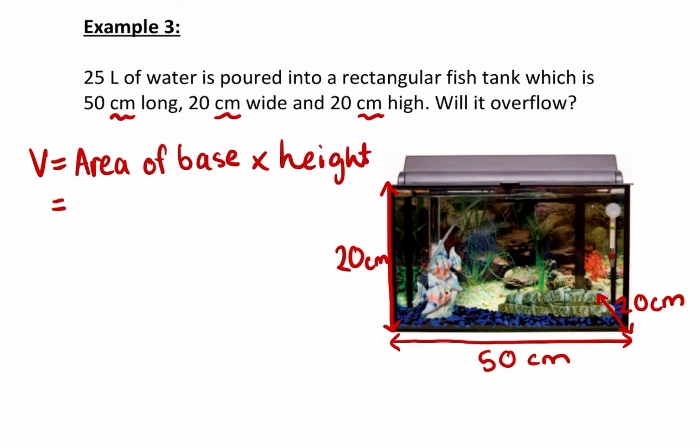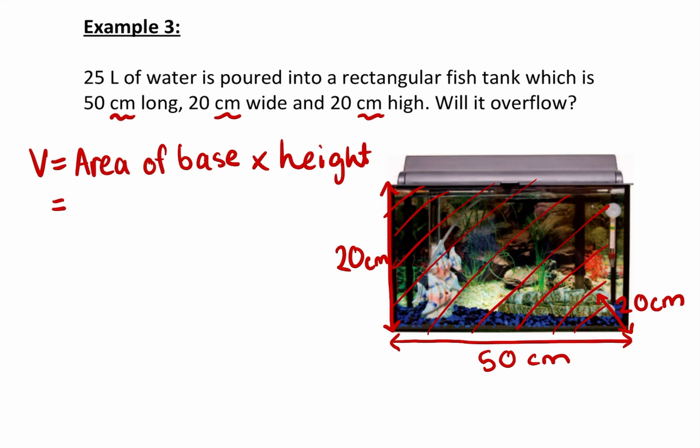And for a rectangular prism, we can say any of these sides is the base. It doesn't really matter. Basically, we're going to have to find the area of one of the rectangles and then multiply by the other dimension. So let's just say that this is the base here. So we're going to have 20 by 50 to find the area of that rectangle.